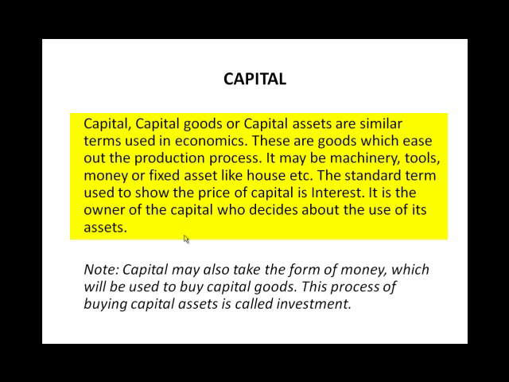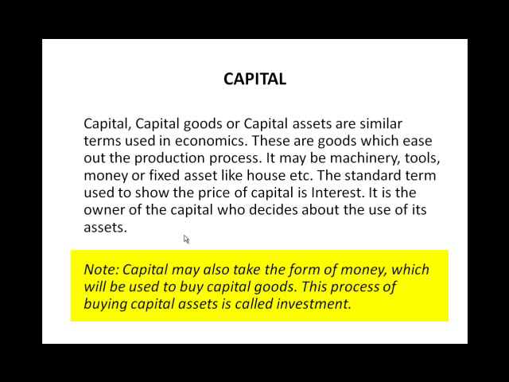It is the owner of capital who decides about the use of its assets. Capital may also take the form of money, which will be used to buy capital goods. The process of buying capital assets is called investment. So capital is not only machines, it can be fixed assets like a building, or it can be money.